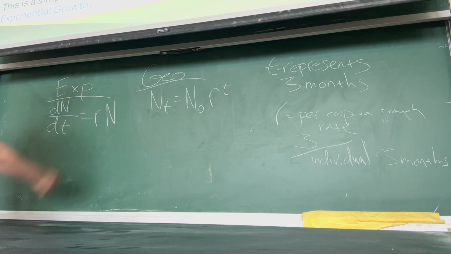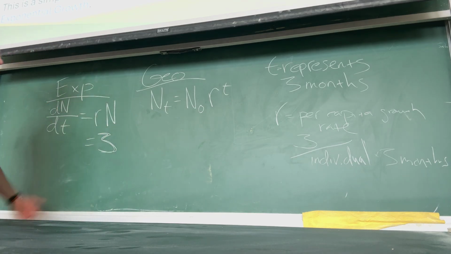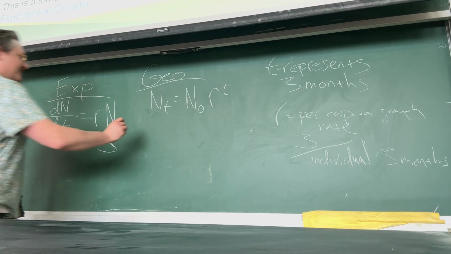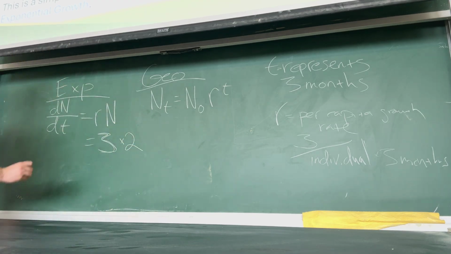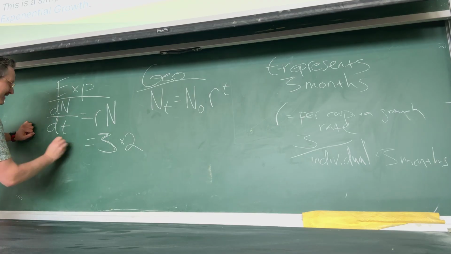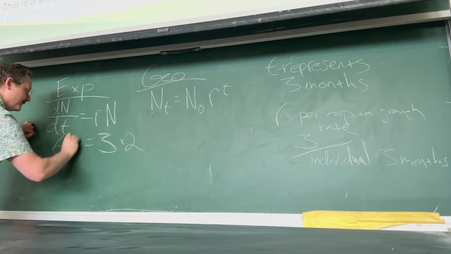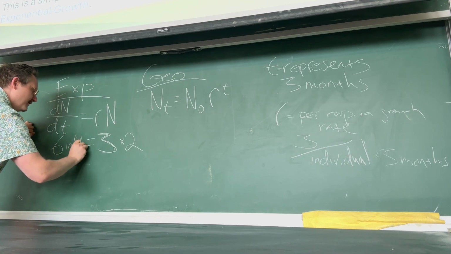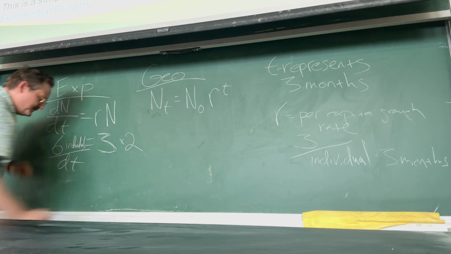Check it out. The population's growth rate is still the same. It's 3. If the initial population size is 2, then the difference in N over difference in t equals 6, per difference in t.